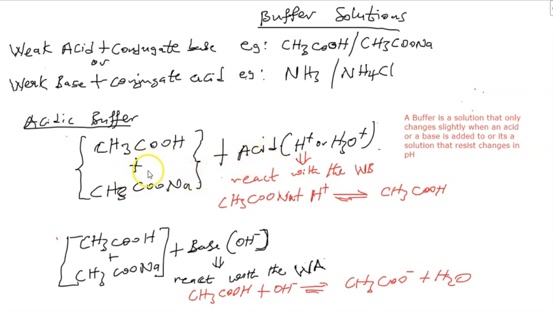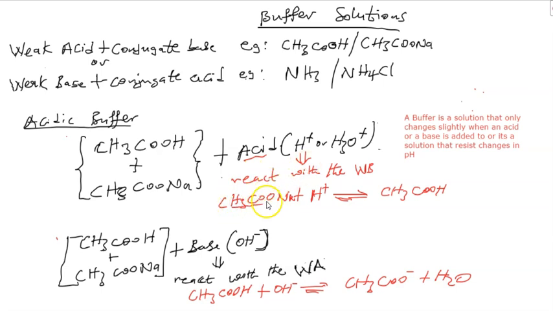So let's look at our acidic buffer, which is made of ethanoic acid and sodium ethanoate. If we add acid into the system, the acid will bring additional H plus that is mopped up by the weak base component of the solution, which is the sodium ethanoate.